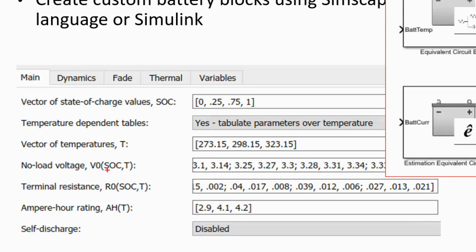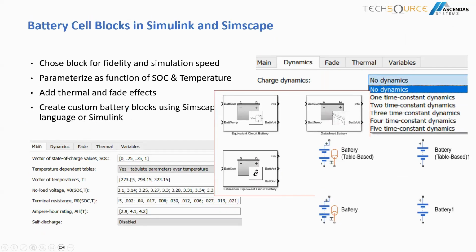So for example, state of charge, and then temperature variation, no load voltage, which is the open circuit voltage, terminal resistance. These are just some simple, main characteristics of the battery. But with Simscape and Simscape battery, we are not limited to those basic parameters.